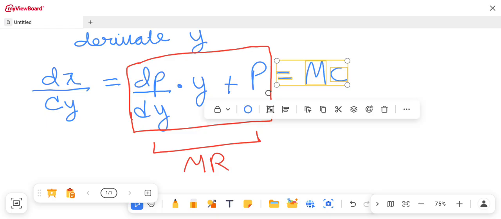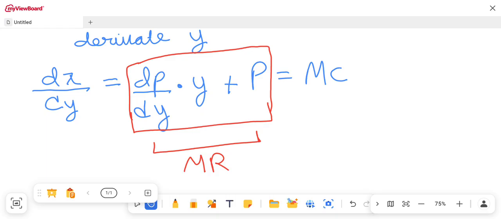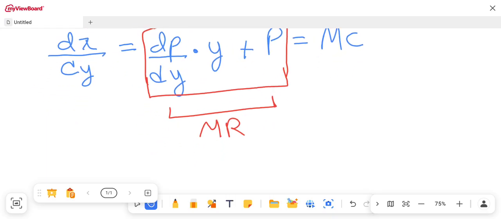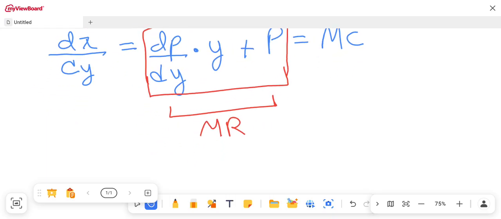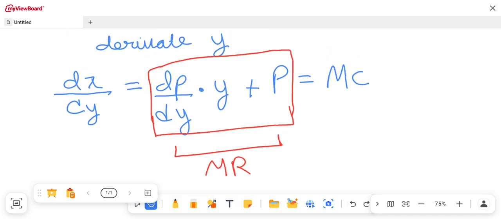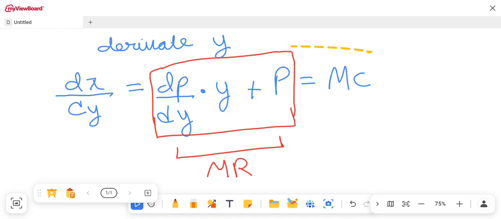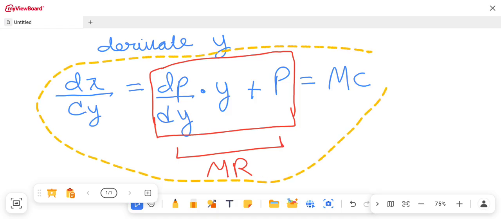Now listen carefully. Now this might be a confusing step, but you have to remember. Now from marginal revenue we will take P as common. Wait, let me align this.